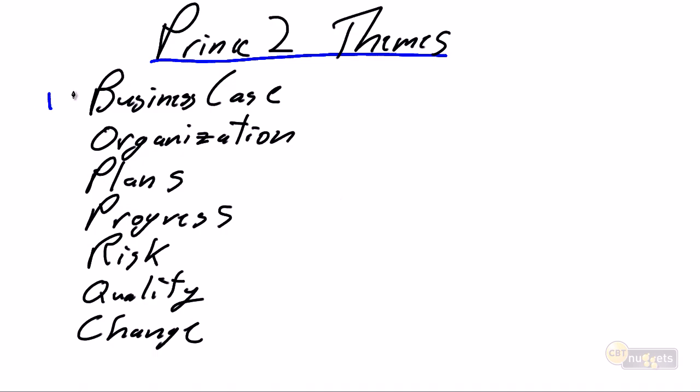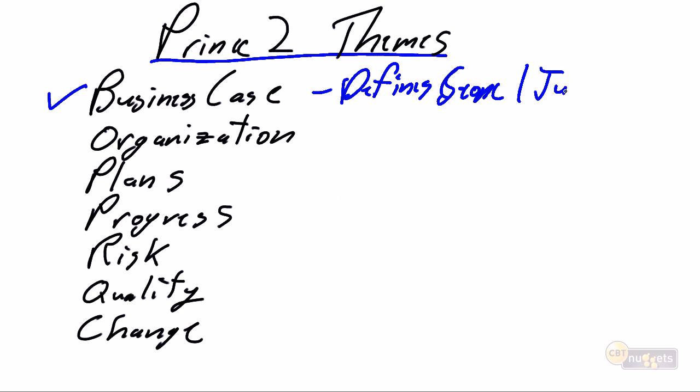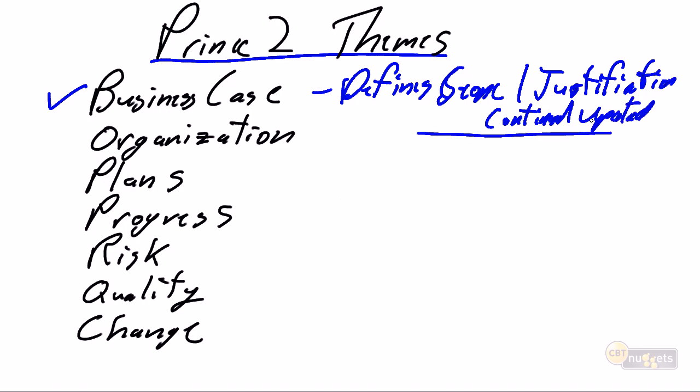In this nugget, we talked about the importance of the business case that defines the scope and defines the justification, and that the business case must be continually updated at the end of every stage so that we are working on justified projects.